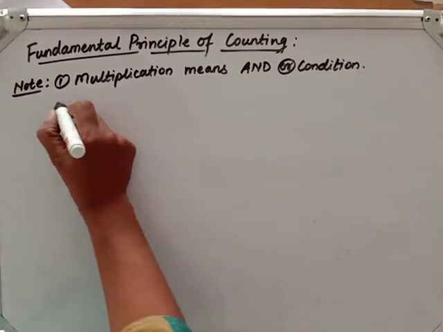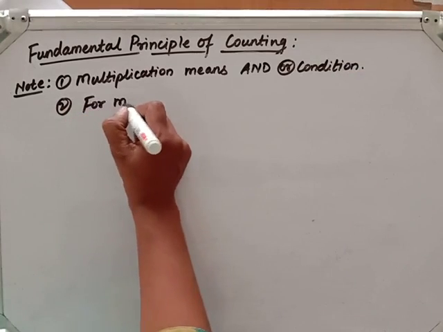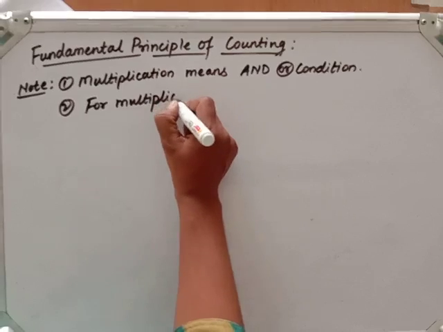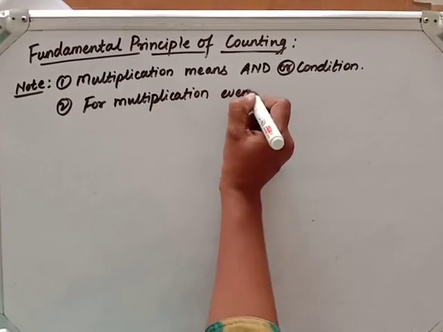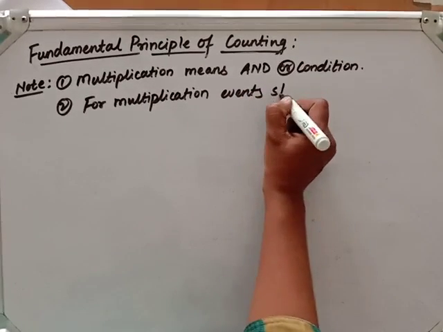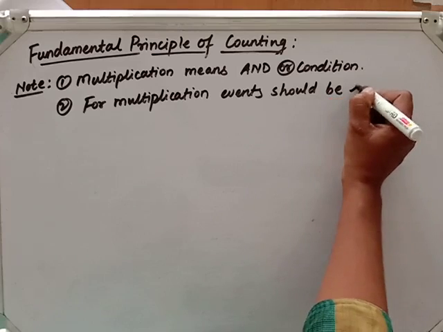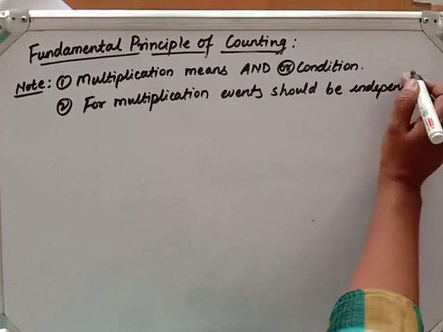Okay. And the second note is that for multiplication, events should be independent. Events should be independent.